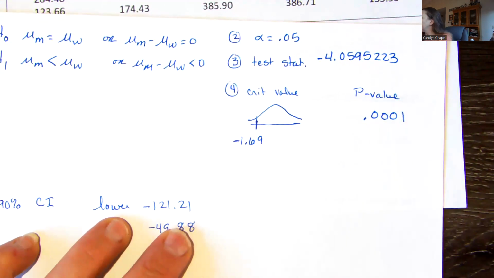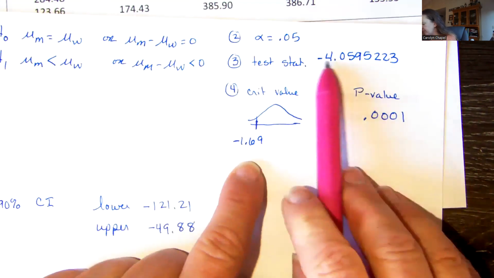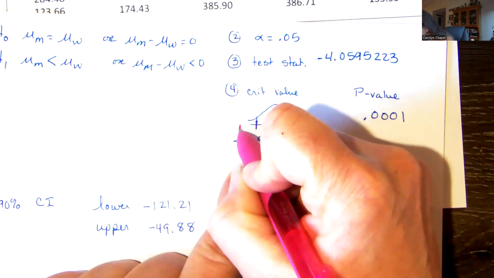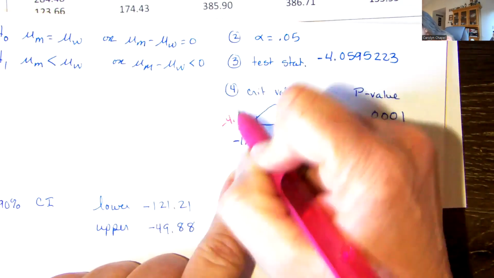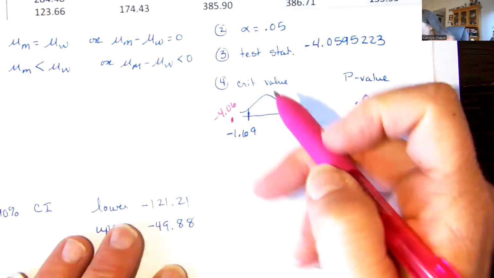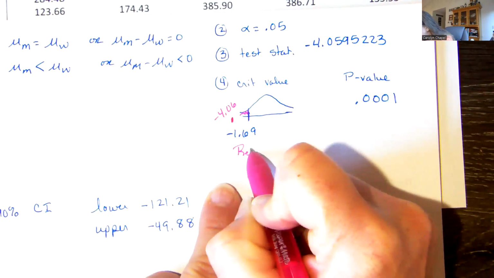Again, if you remember, to make our decisions, if we had found the critical value, we then put this into our picture, and a -4 is going to be down here somewhere. So there's my -4.06, well beyond, well into that critical rejection region. So we will be rejecting.